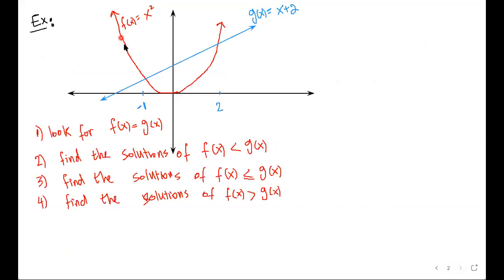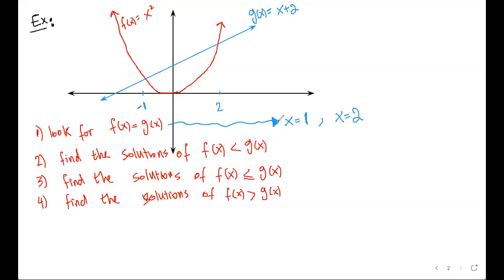The red graph intersects the blue graph at x equals -1 at this point, and the second point, this one, is at x equals 2. So the solutions for the first one are x equals -1 and x equals 2.